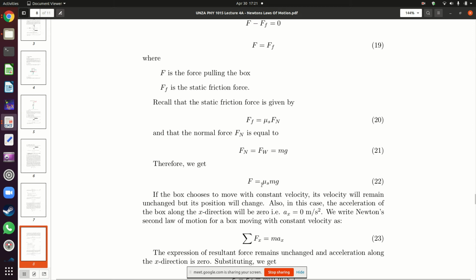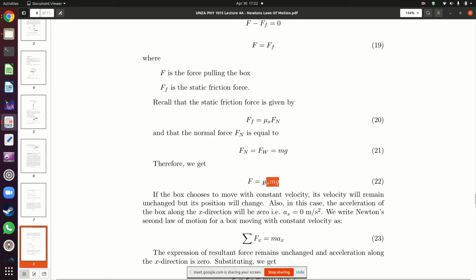Therefore, the normal force equals the weight of the box, and weight is the mass of the object multiplied by G. So our friction force, our pulling force actually, since the pulling force is equal to the static friction force, becomes equal to the coefficient of friction multiplied by the mass multiplied by G.